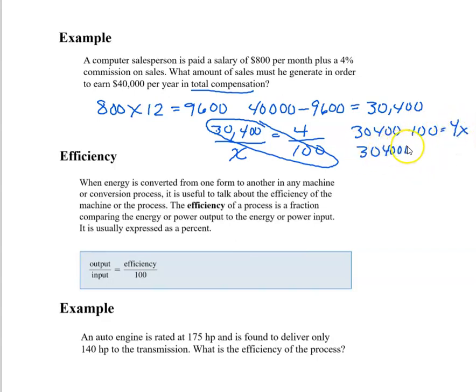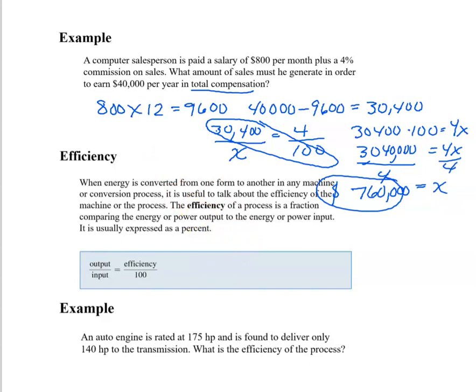So when we divide that by 4, $760,000 is what he needs to sell in order to get that 4% commission that's going to get him up to his $40,000.